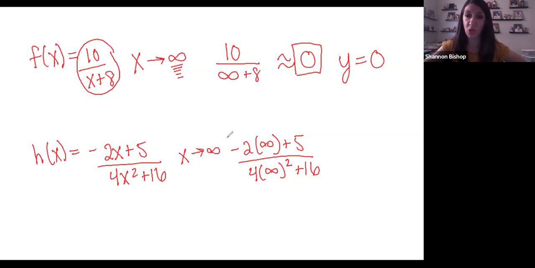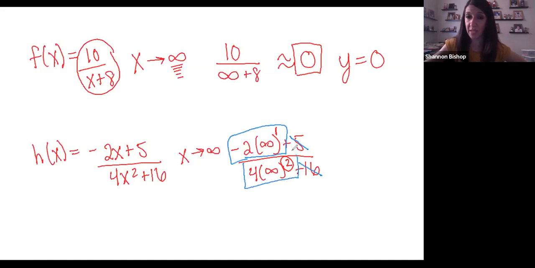So this numerator is degree 1 because it was -2x, that's x to the first. The denominator is degree 2, it's squared, it's quadratic on the bottom. So in the grand scheme of things, anything else is not as significant as the degree's coefficient.